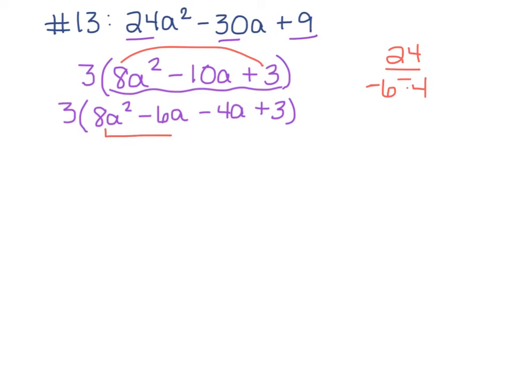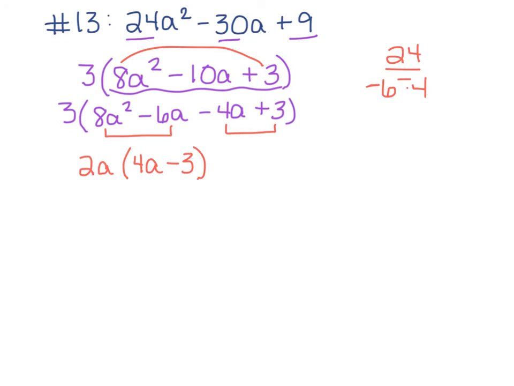Now, I'm going to look for a GCF here and a GCF here. So out of 8A squared and 6A, I can pull a 2 and an A. And then let's see if I take 2 out of 8, that would leave me with a 4A minus, and 2A out of 6A would be 3.